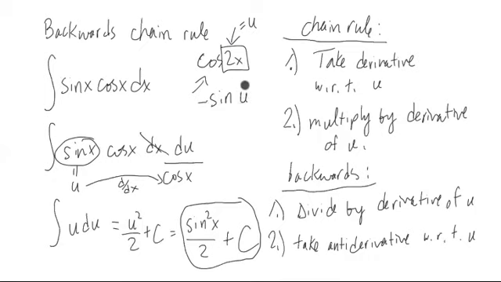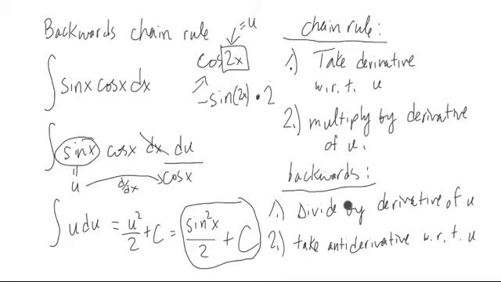Then the next part is to multiply by the derivative of u, which in this case would be 2. So the derivative would be negative sine of 2x multiplied by 2.